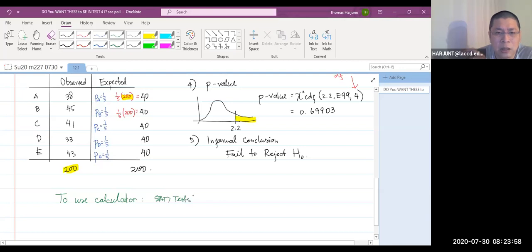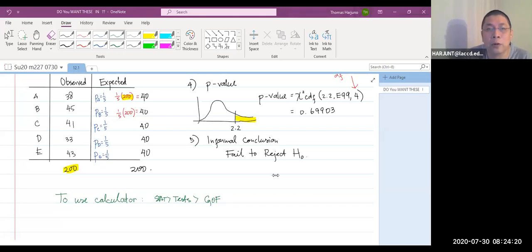I think it's something with GOF, goodness of fit. Let me grab my calculator. I think this is the test that we don't have in the TI-83. Yeah, in the TI-83 we don't have this test, but in the TI-84 we do.